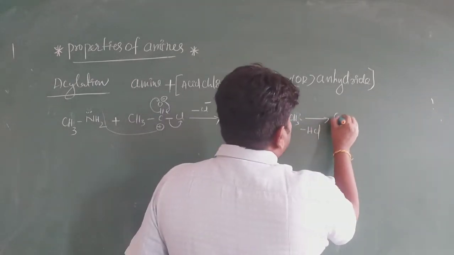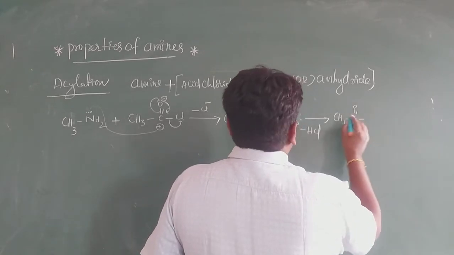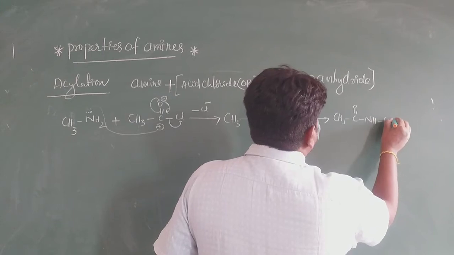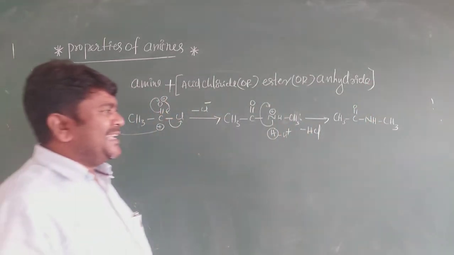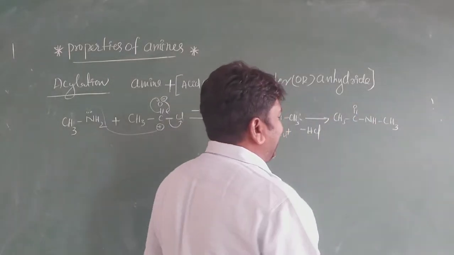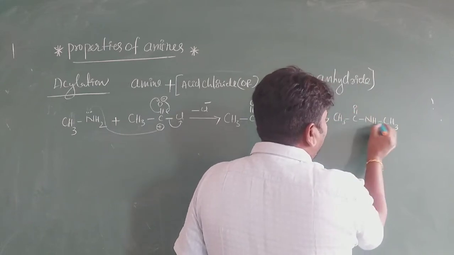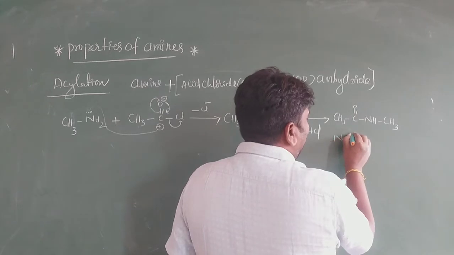So that is CH3 C double bond O and NH, next CH3. So an amide is there. What is the IUPAC name? This is the amide functional group, with CH3 attached to N. That is N-methyl.